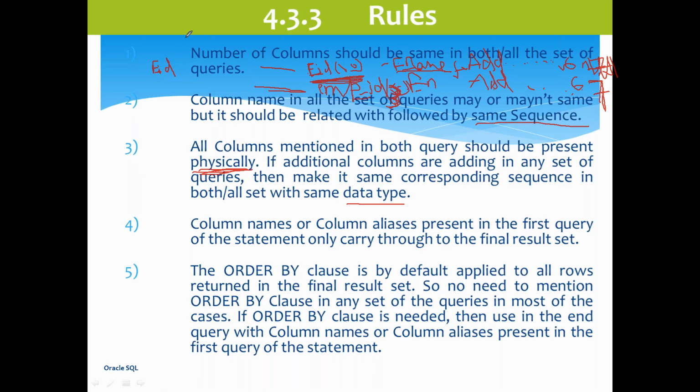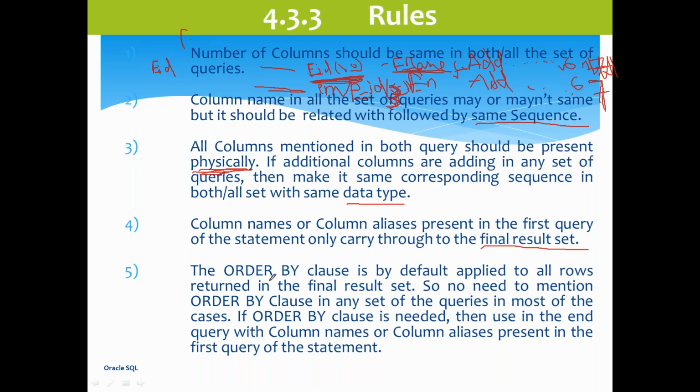So in the output it will display as F for the second column. The second column name is FN in the second query. It will not come. In the output, the second query column name will not come. Only the first query column name, that you can remember. So whatever first query column name is mentioned, that will come. If an alias is mentioned, the alias will come in the final result set.